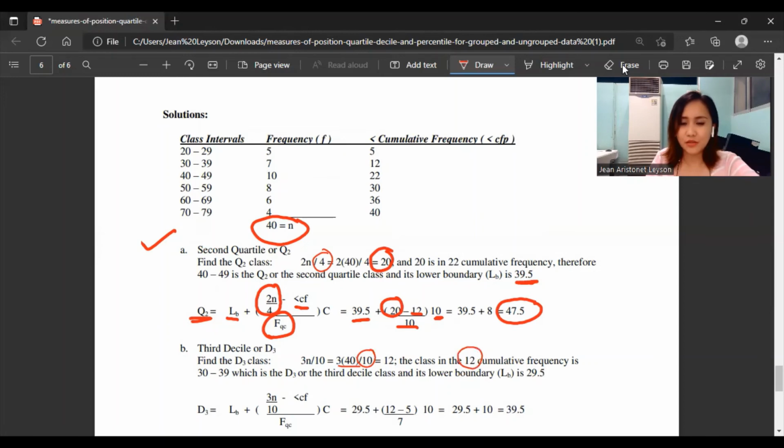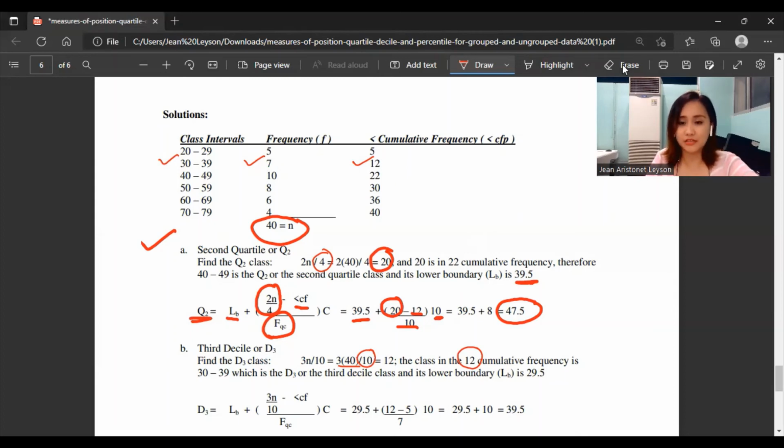So the class with the 12 cumulative frequency is 30 to 39 right here. Frequency is 7. The lower limit and upper limit, 30 to 39, is the class interval. D sub 3 is the third decile.